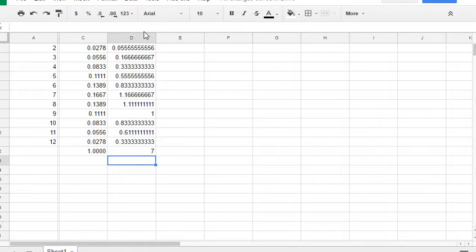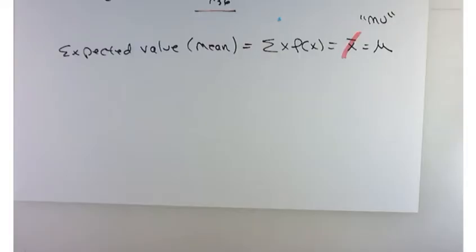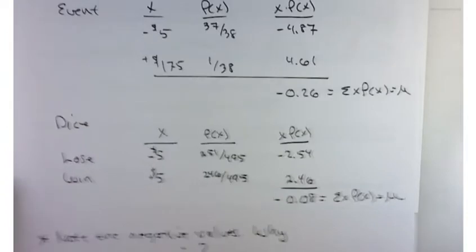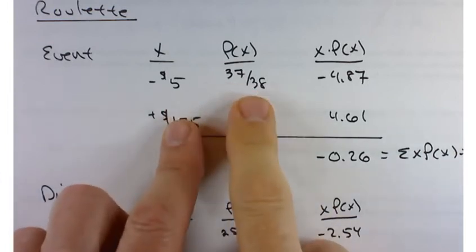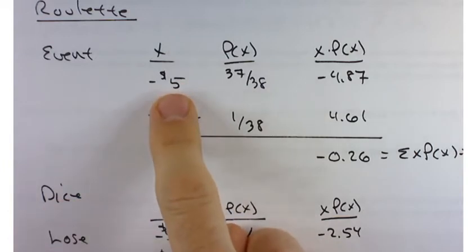Now let's take a look at a couple other expected values here. I've done expected values for a couple games that you would run into, say, I don't know, in Vegas or even in Detroit. So in a game of roulette, there's 38 numbers, numbers 1 through 36, 0, and 00. If you bet $5 that your number is going to come up, there's a 37 out of 38 chance that you're going to lose that $5 bet.